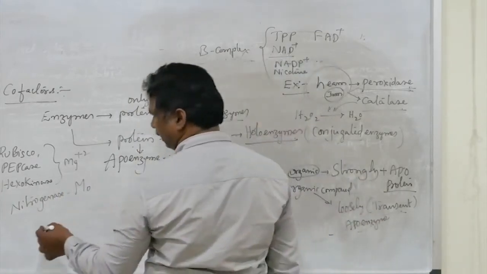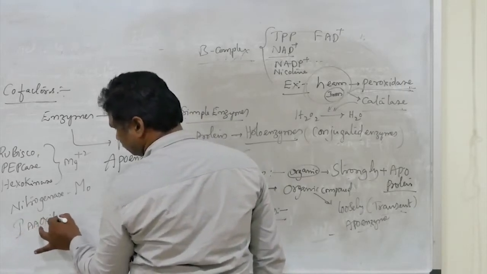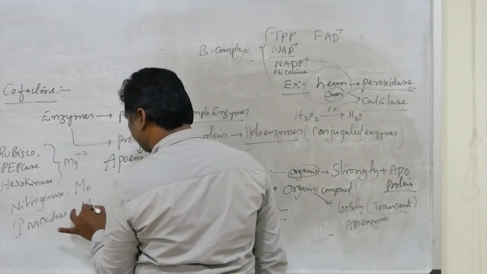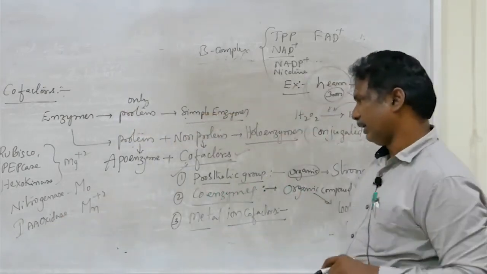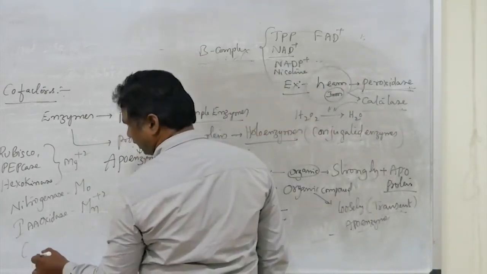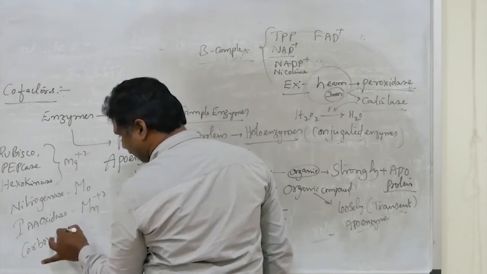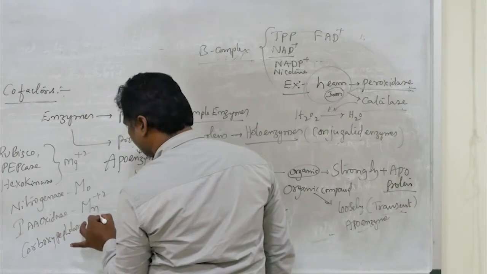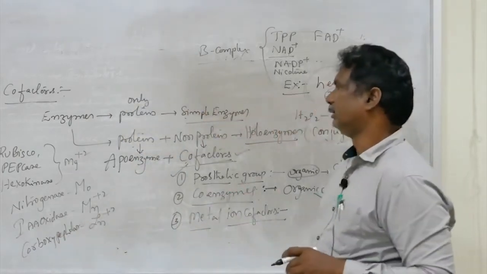IAA oxidase is activated by manganese. Carbonic anhydrase and carboxypeptidase are activated with the help of zinc, Zn2+.